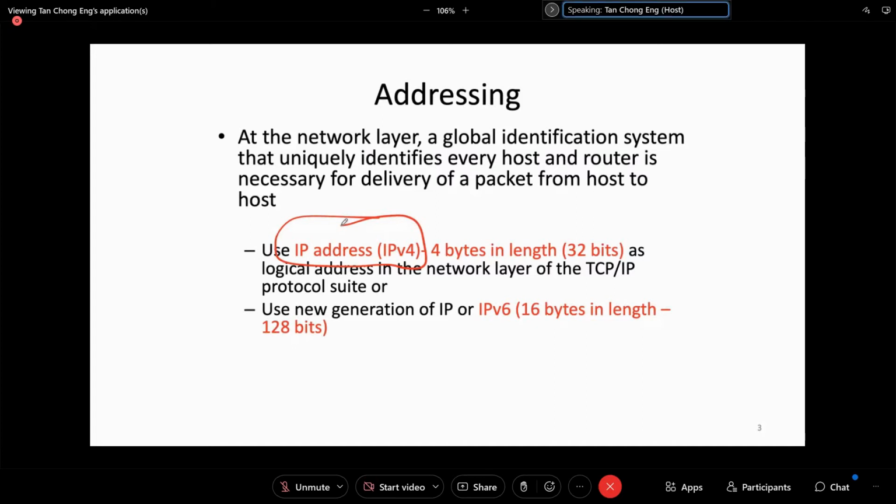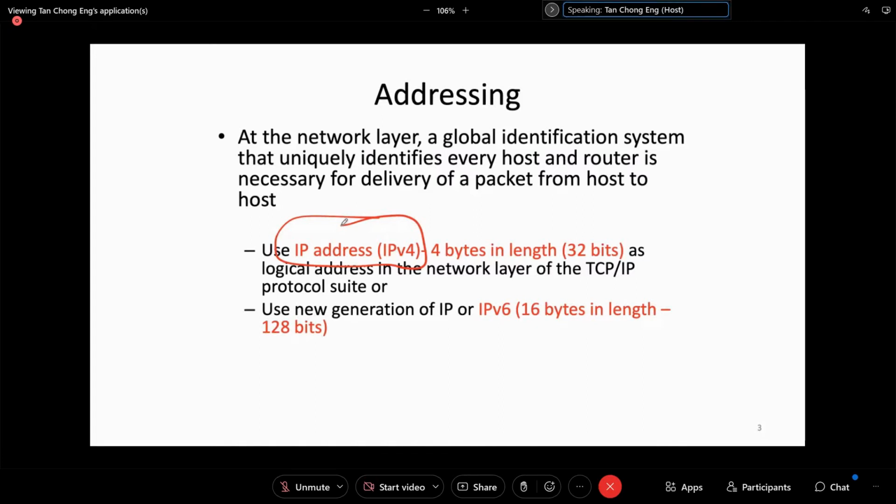Supposedly, when your IP version 4 runs out, you're supposed to be moving to the newer version of the IP, which is IP version 6, which is actually 128 bits in length. 32 bits compared to 128 bits. Of course, 128 bits will give you more addresses.